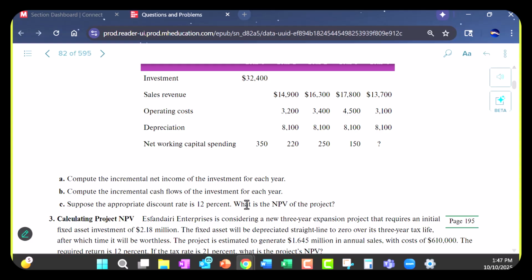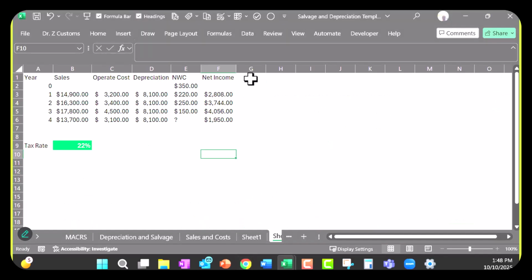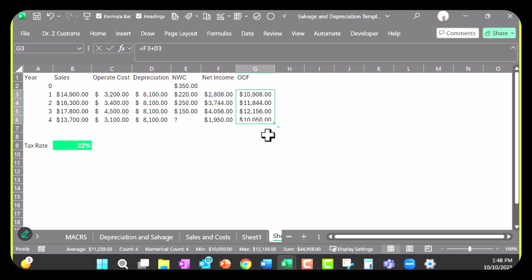Compute incremental cash flows of the investment each year. Well, first of all, let's calculate OCF, which is net income plus depreciation. Now, in terms of net working capital, these are expenditures made in each of those years. At the end, we're going to pay them back.